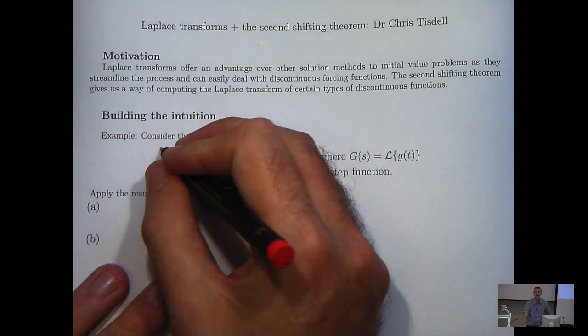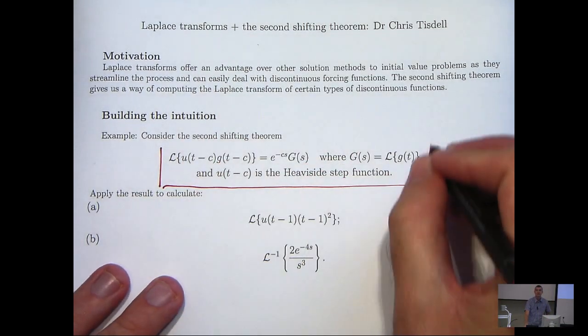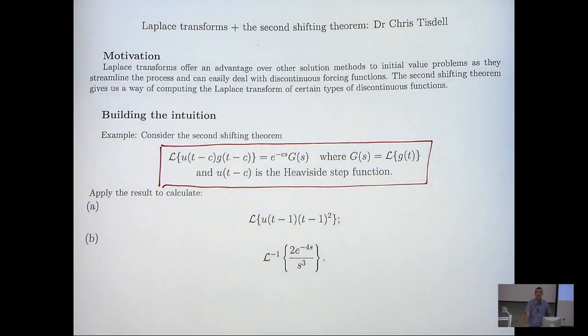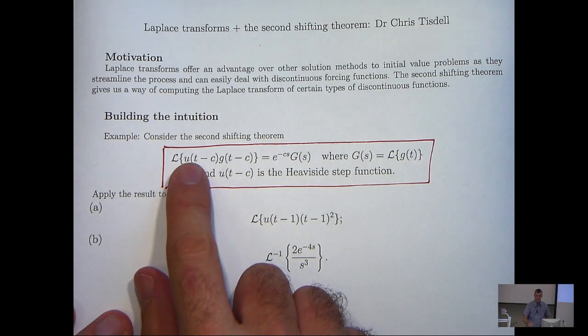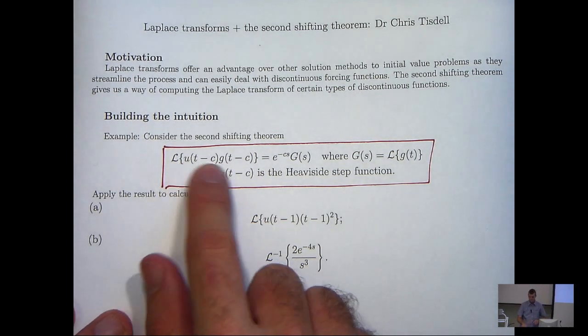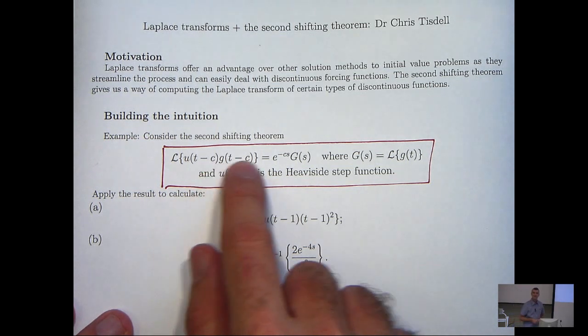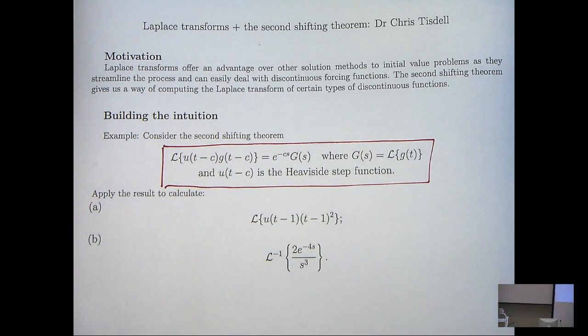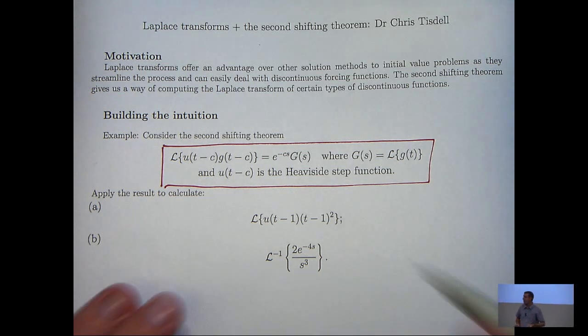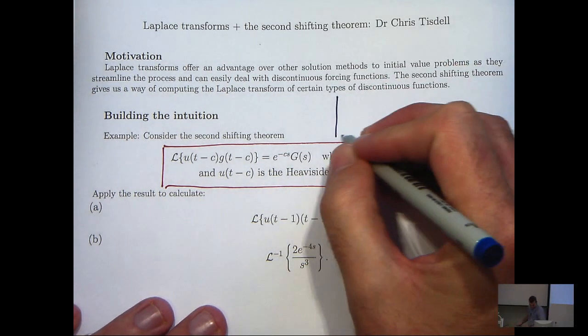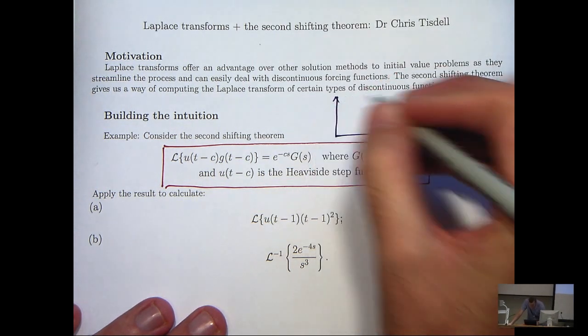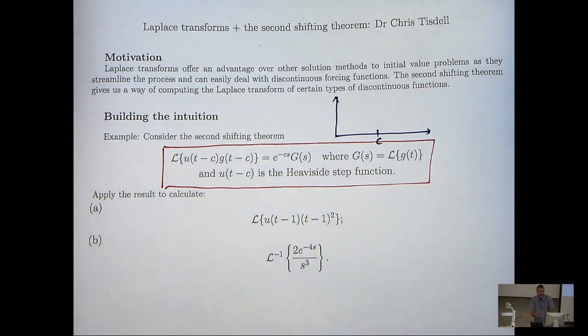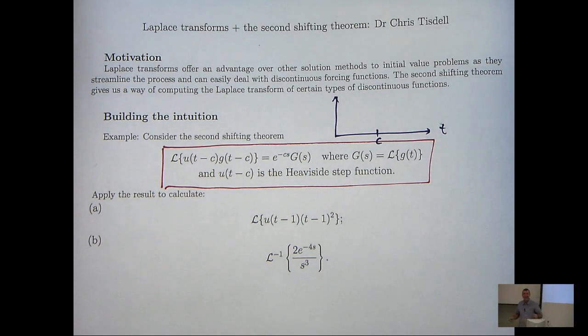Well, it's here, and it involves the product of a Heaviside step function, u of t minus c, and another function, little g. Now, just to remind you what the Heaviside step function is, imagine C is a point on the t-axis.